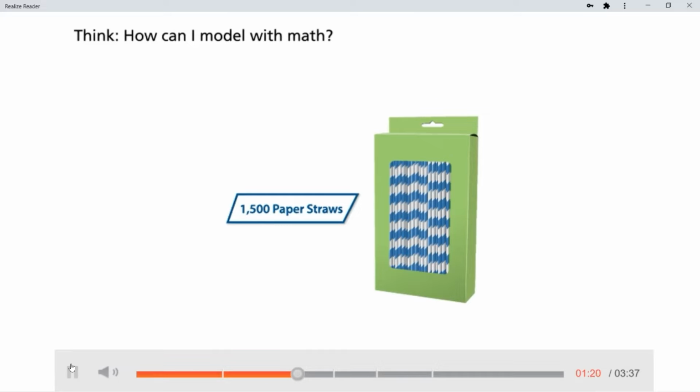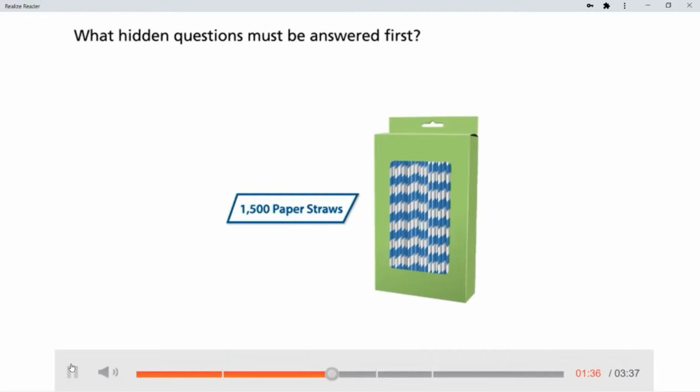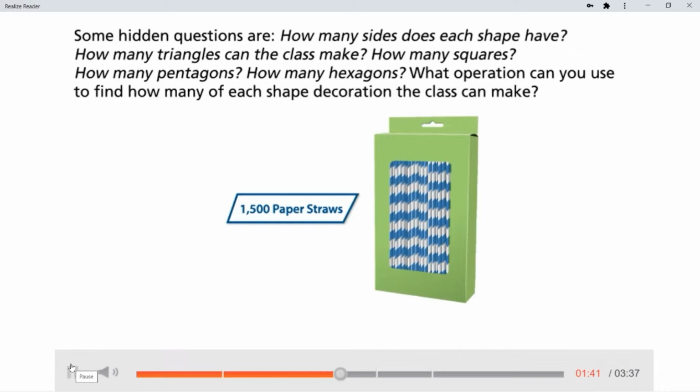Think, how can I model with math? I can use previously learned concepts and skills, find and answer any hidden questions, decide if my results make sense. What hidden questions must be answered first? Some hidden questions are, how many sides does each shape have?